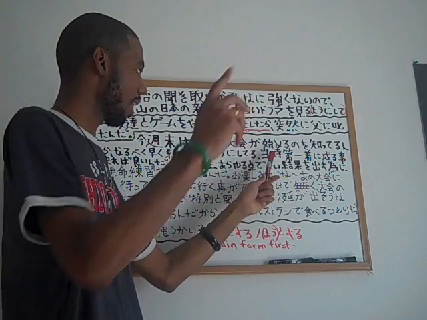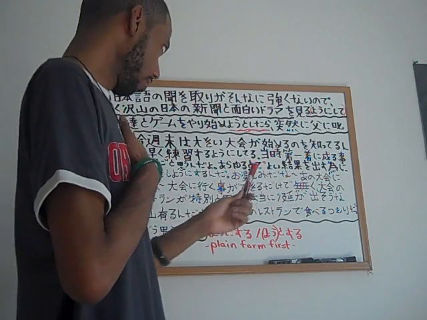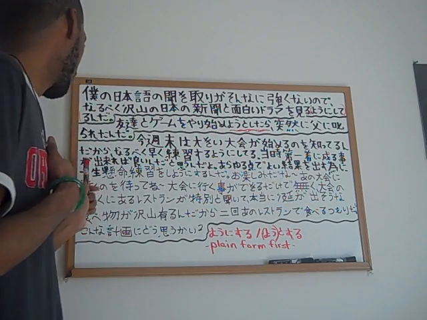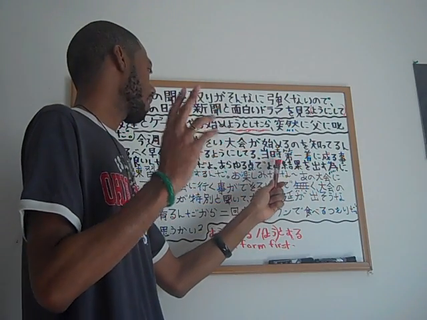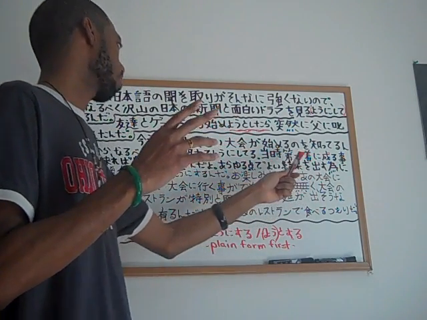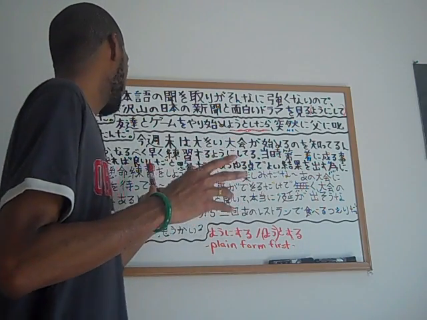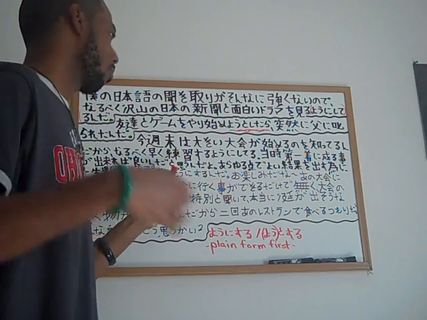当時 at that time. 当時第一着になることができれば. So at that time, if I can come in first place, I think that will be great. It will be good.